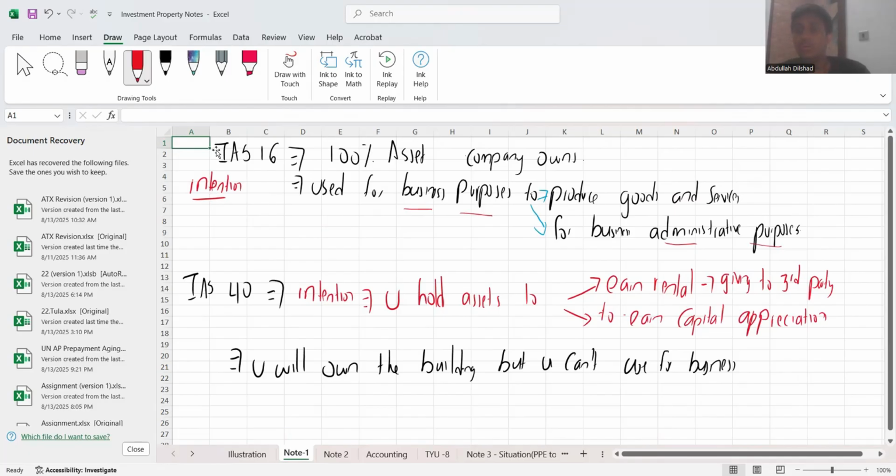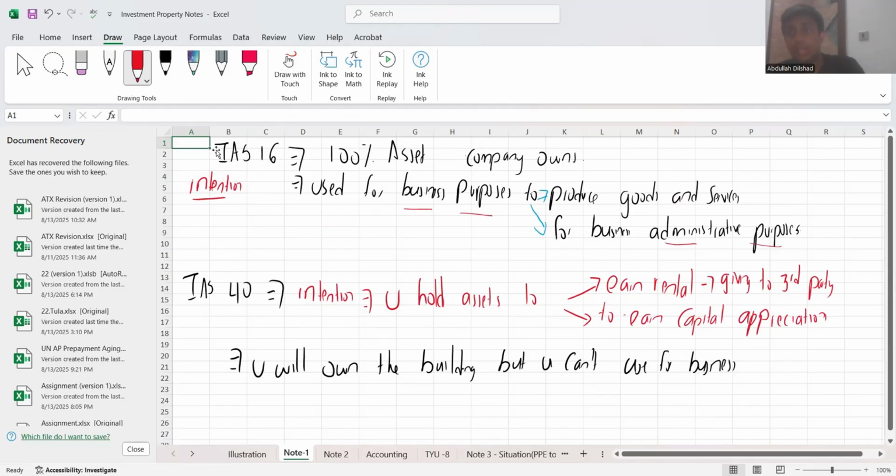What we have learned so far is that initially, in our foundations of ACCA and in our various academic qualifications, we learned a standard called IAS 16, property, plant, and equipment. What did that standard say?